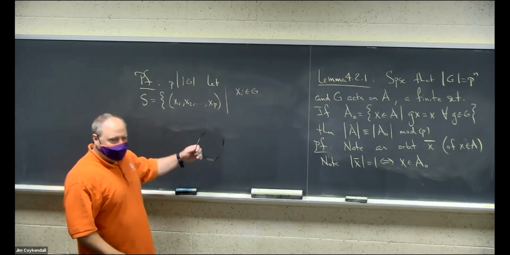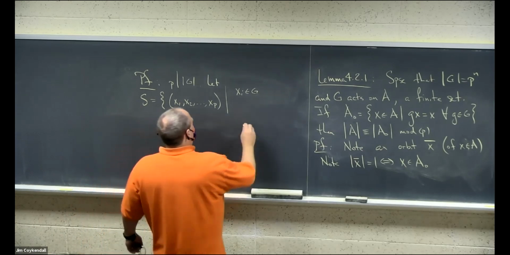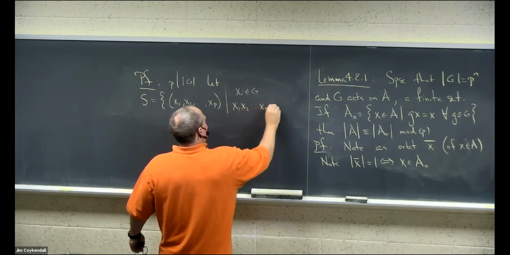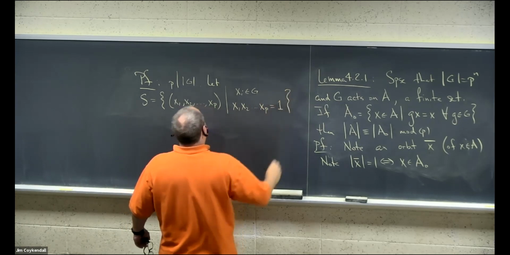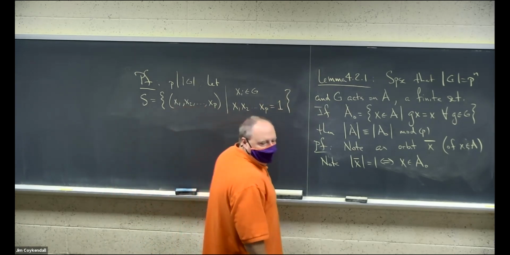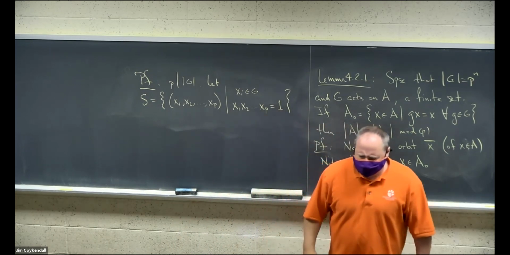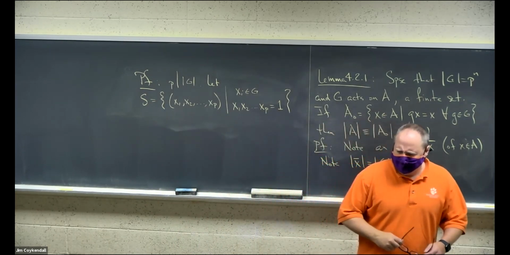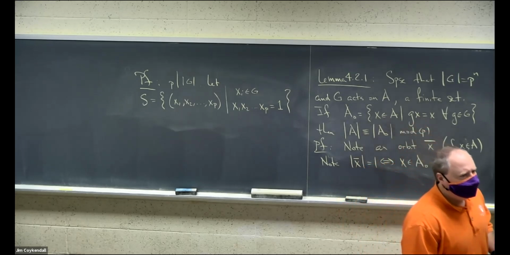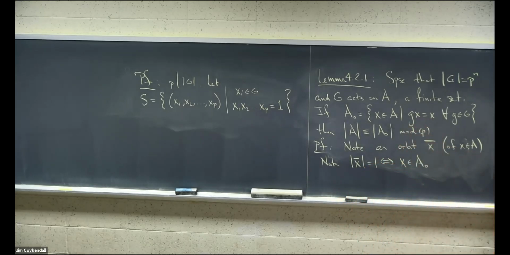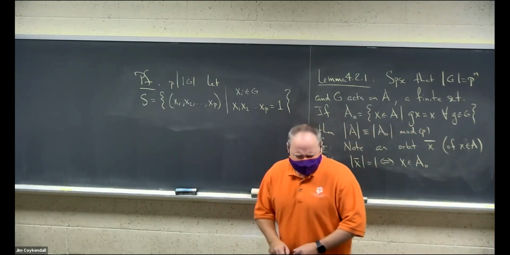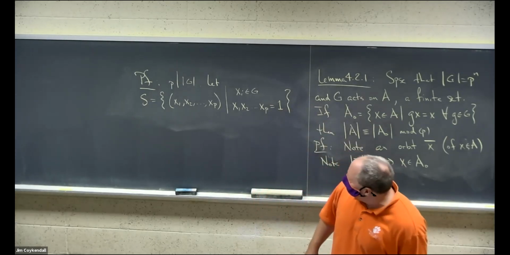So I don't assume they're distinct. And so S is this collection of p-tuples that when you multiply the entire tuple together, you get the identity. Okay, first question.